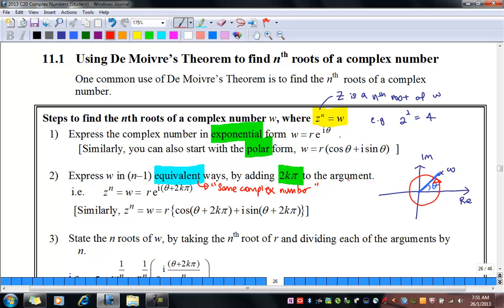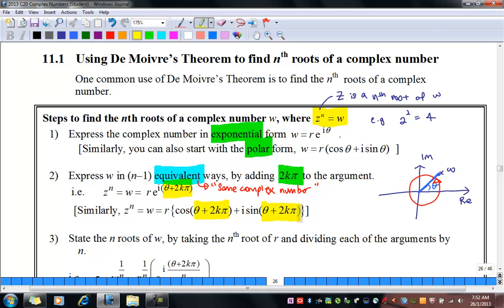But as we can see from an Argand diagram, these are all essentially the same complex number. Whether it is in polar form or exponential form, the same will apply. The modulus would remain the same, but the argument would simply be replaced by θ + 2kπ. I'm not effectively changing W, because I still get the same point on the Argand plane.